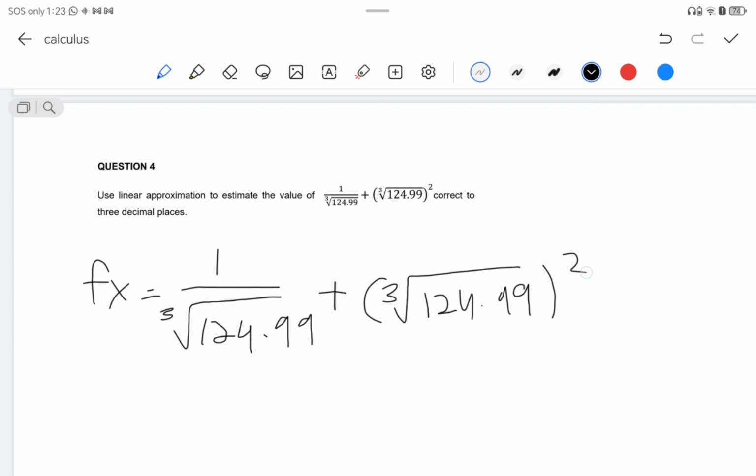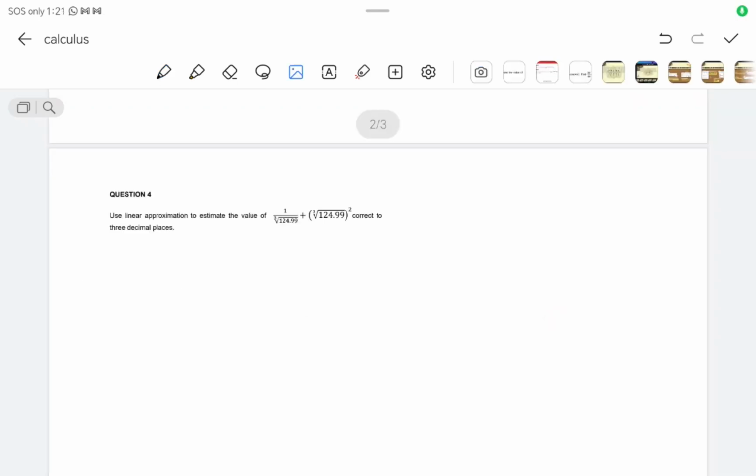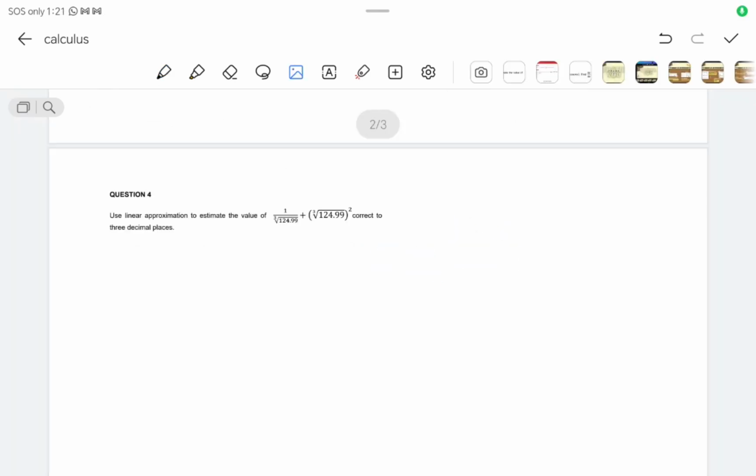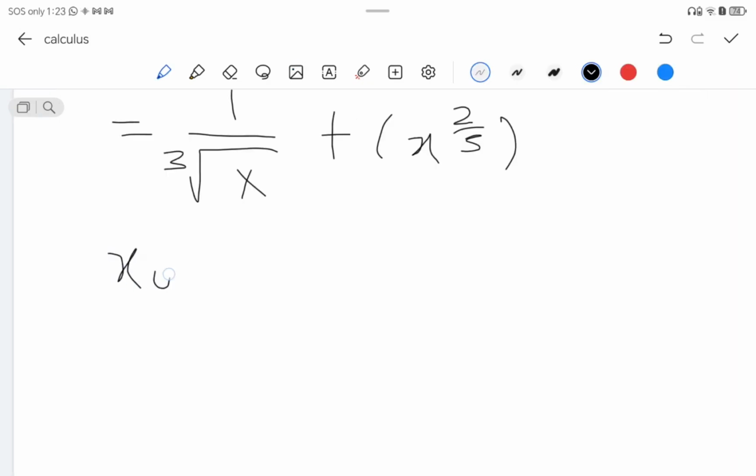Let's change 124.99 to x so it doesn't distract us when deriving. So the equation will become f(x) equals 1 divided by cube root of x plus x to the power of 2 divided by 3. Our x is 124.99. We will choose a new number that is nearest to x, which will be 125.